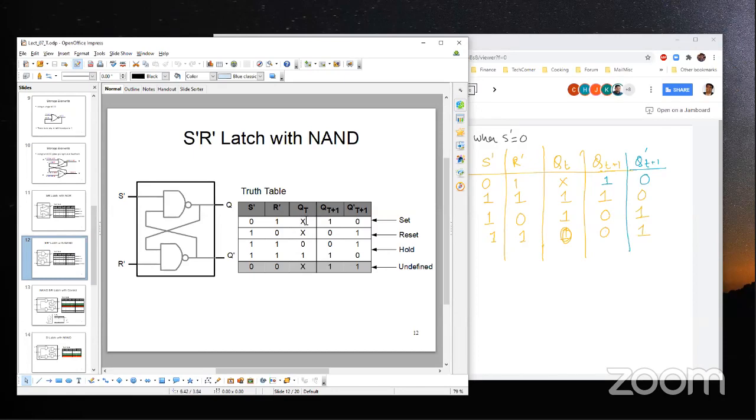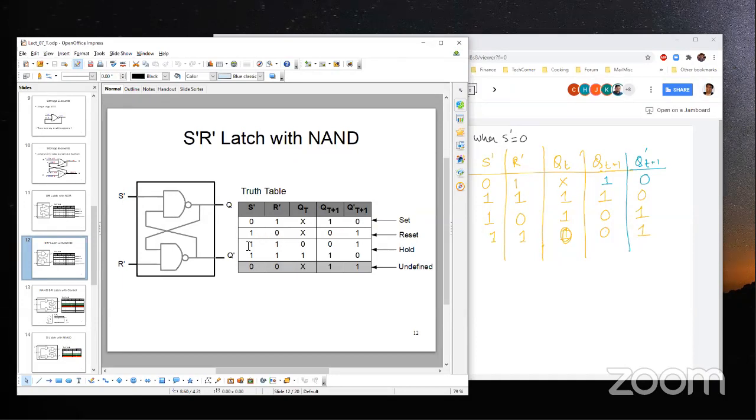No matter what the Qt value is, if you set the SBar terminal to 0 and RBar terminal to 1, the next logic value would become 1 on the Q terminal. And no matter what the previous output of that circuit was, if you set SBar to 1 and RBar to 0, it will change the output Q to 0, and that's a reset condition.